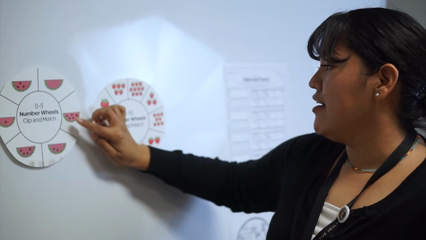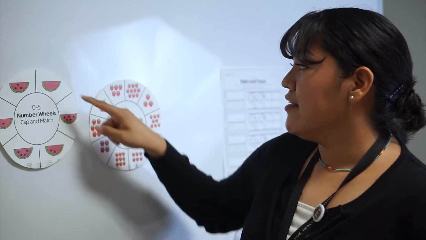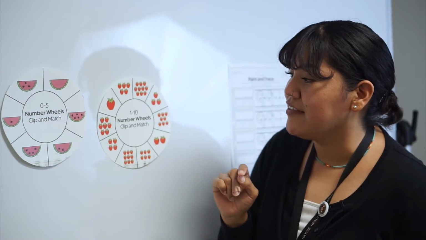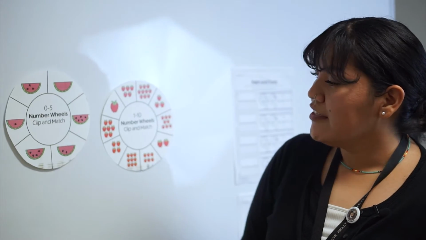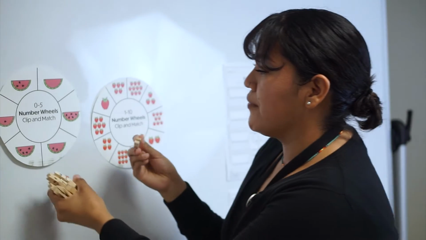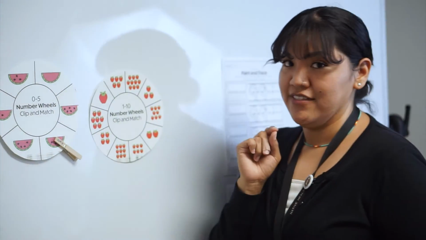So we have 1, 2, 3, 4, 5. It can't be that one because it's more than 2. Let's look at this one. This one has no watermelon seeds. It can't be that one. Let's go over here. 1, 2. 2 watermelon seeds. So we're going to use our clothespin and clip it in this column that has 2 watermelon seeds.